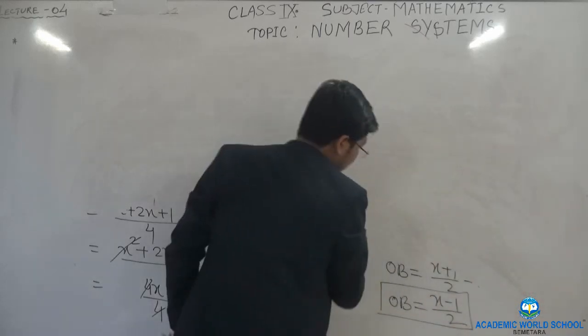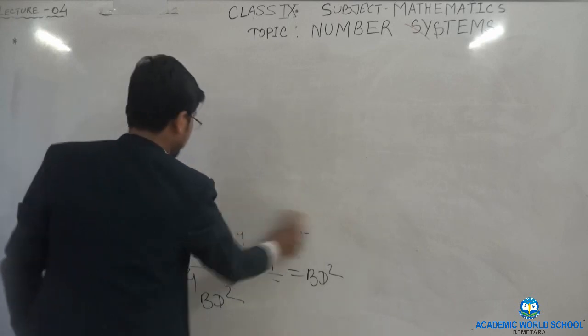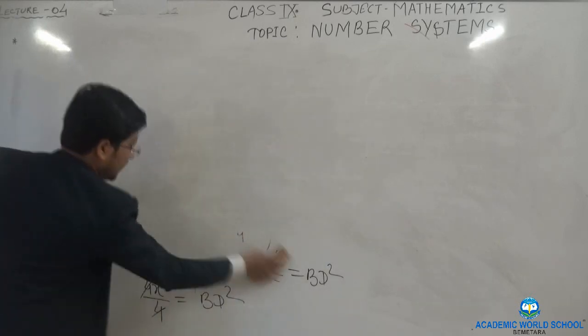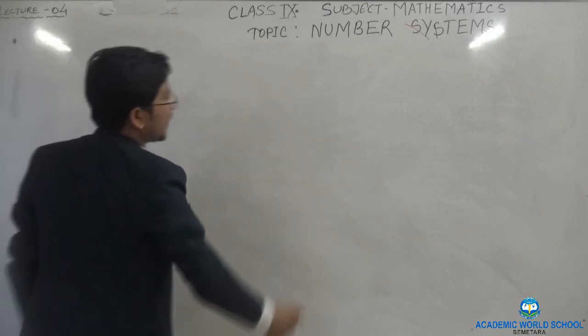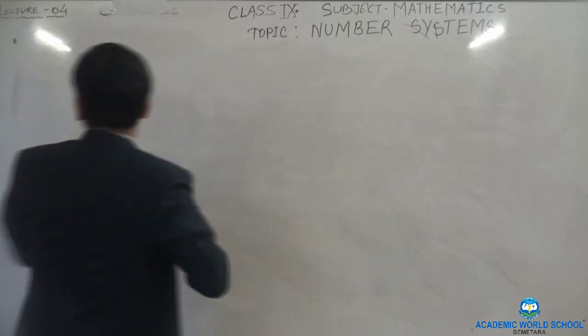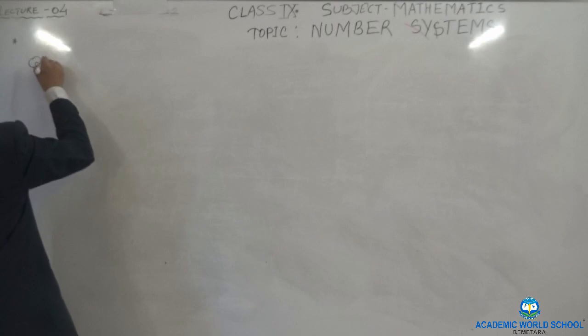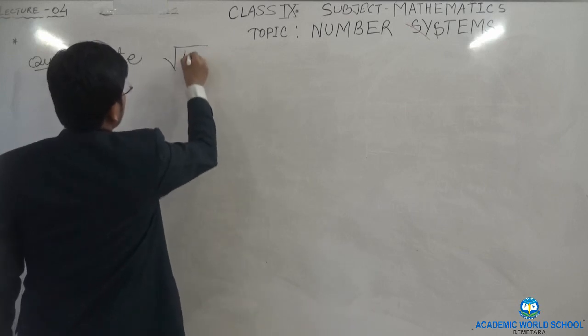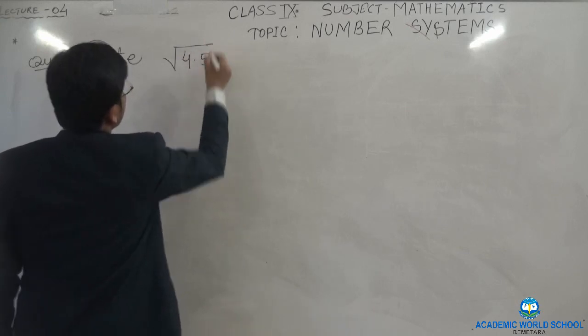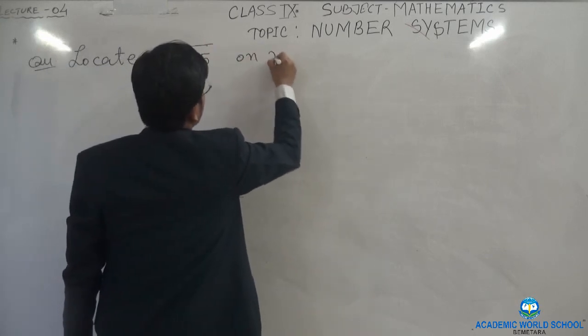So let's take an example. For example, I am taking root over 3.5, root over any number we can take. So now I am writing a question: locate root over 4.5 on number line.